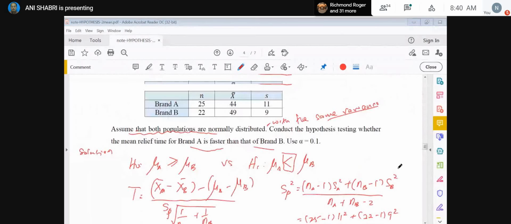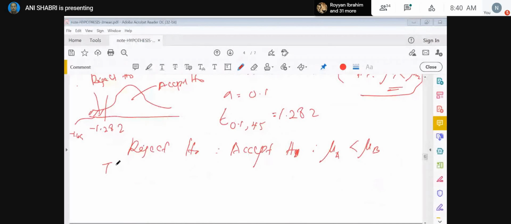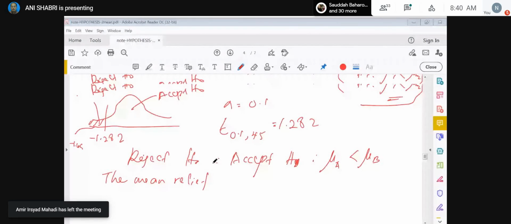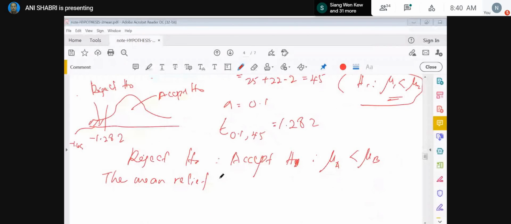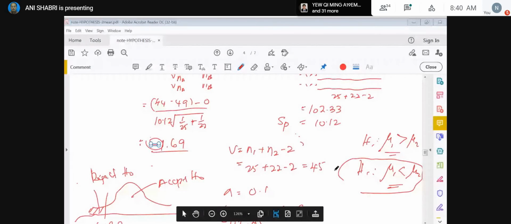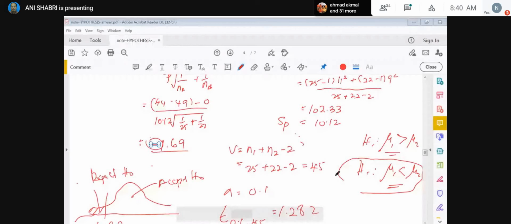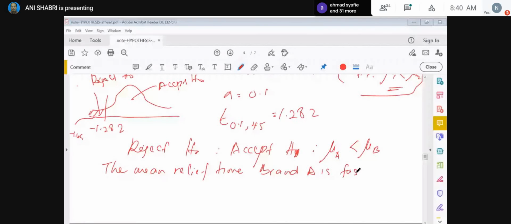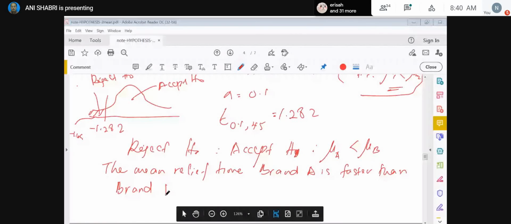The mean real time, brand A, is faster. Okay, kita dapat buat simpulan.